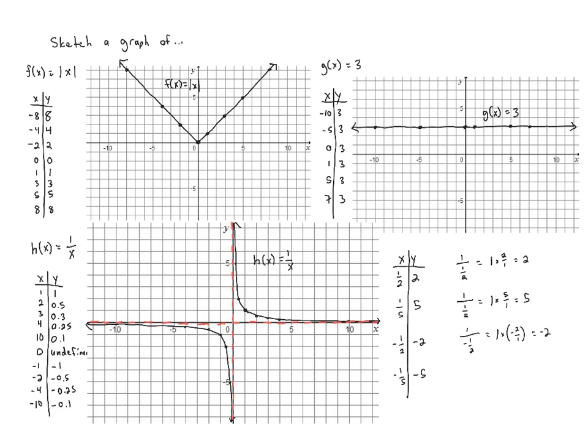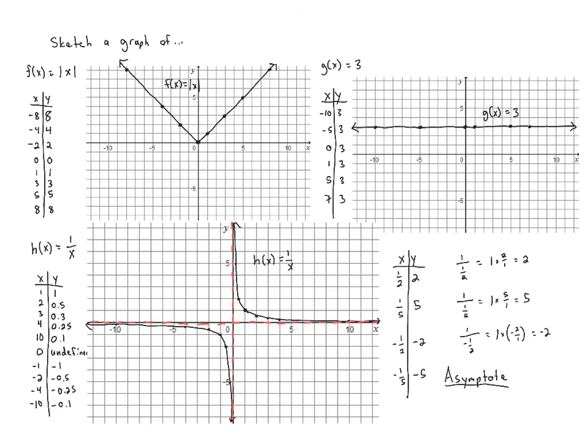And we have a name for that, actually. That is called an asymptote, which I will write out for you right now. This is an asymptote. A-S-Y-M-P-T-O-T-E. An asymptote is a line that the graph is getting closer and closer to and never touching and never crossing.